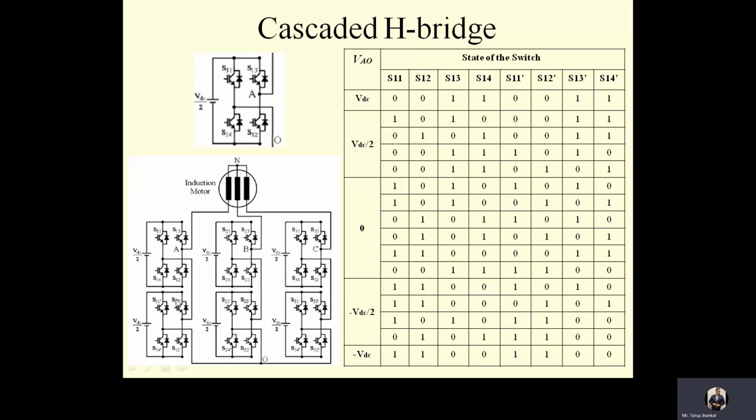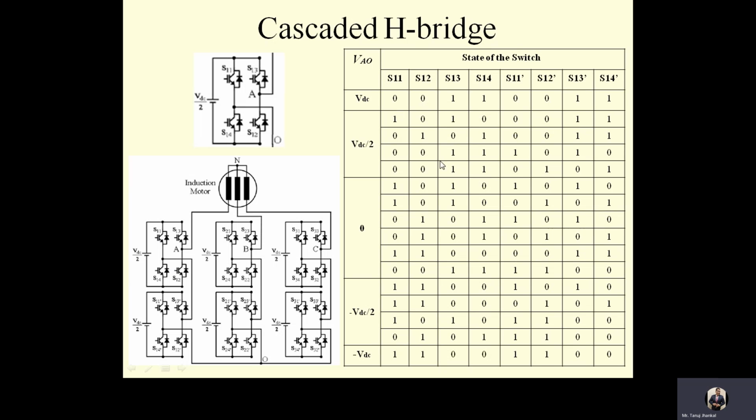Hence, the net voltage will be VDC. Similarly, for minus VDC, I have to turn on S11 and S12, and in the lower cell I have to turn on S11 dash and S12 dash. In a similar manner of switching, I can achieve 5 different levels of voltages, which are VDC, VDC by 2, 0, minus VDC by 2, and minus VDC.